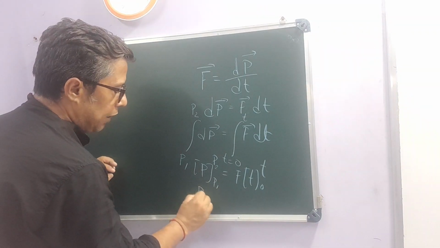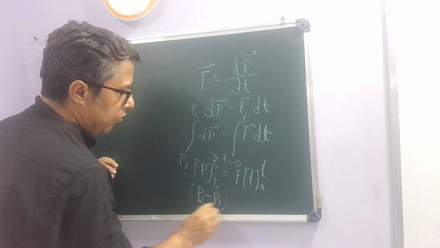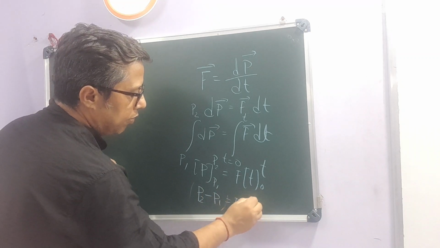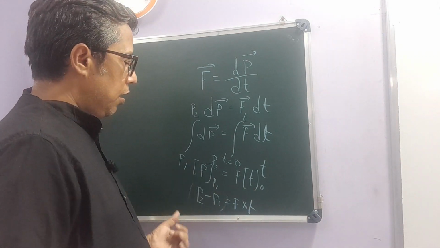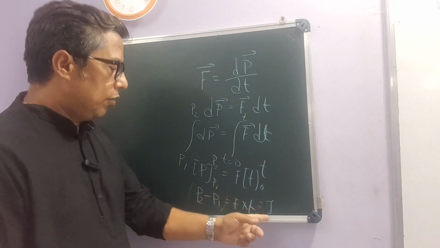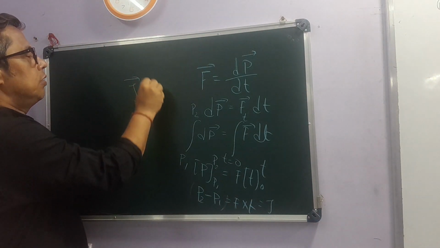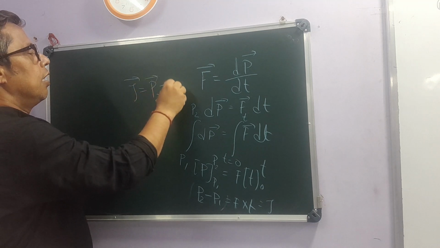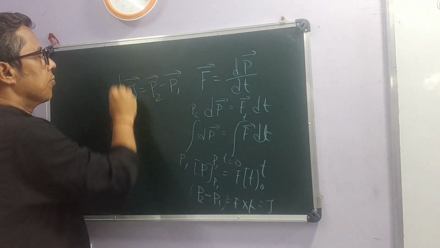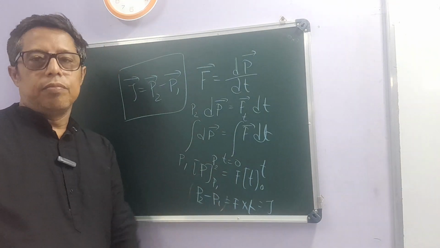So the momentum change, p2 minus p1, is equal to force into time, which is J, the impulse. So the impulse J is equal to the change in momentum. This is called the impulse momentum theorem.